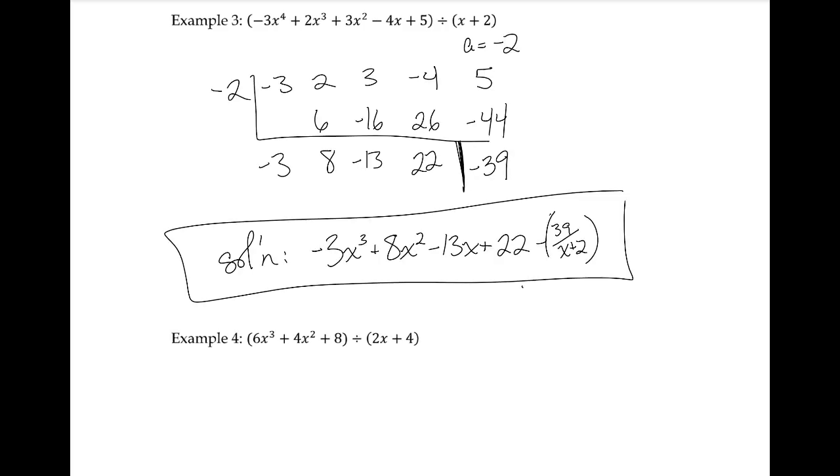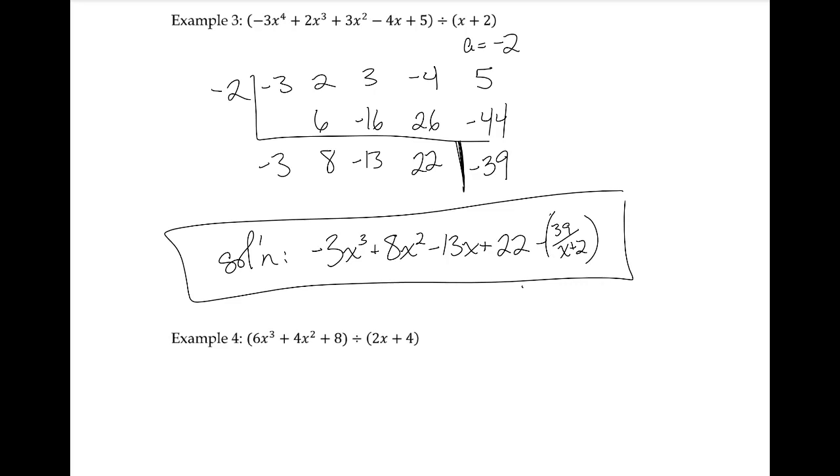So again, when we look at this one, we carry down that first number without doing anything because we had nothing to multiply by. So we carry that down and we just drop the exponent from 4 to 3. We then multiply our a value by this bottom one and add it to our next coefficient. And we carry that process through.